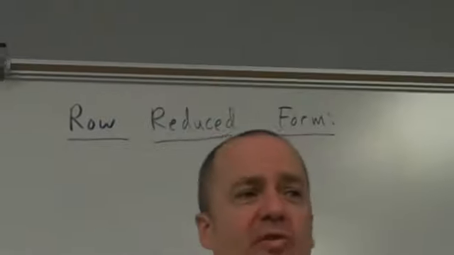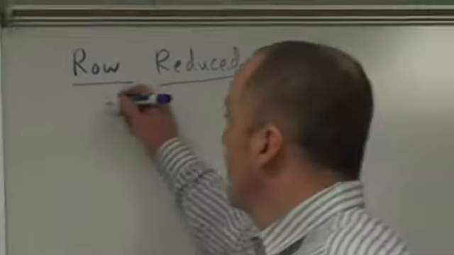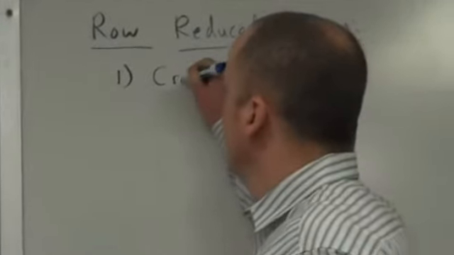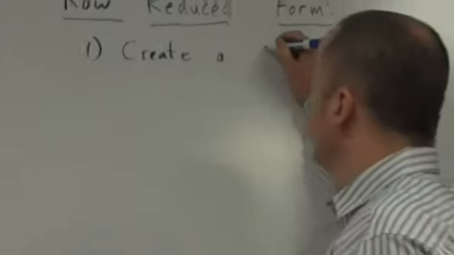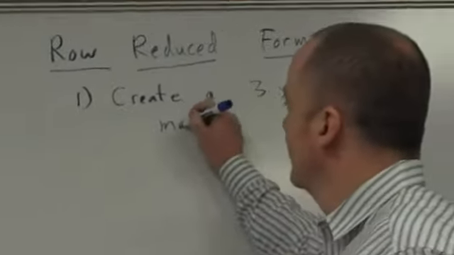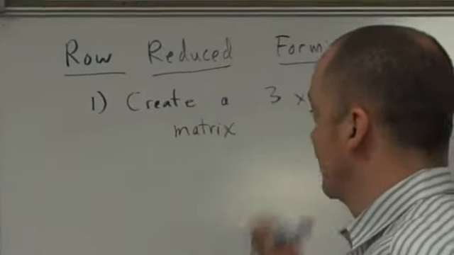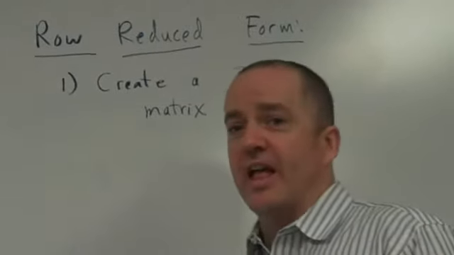Now, for row reduced form, for a 3-dimensional system, 3 equations, 3 variables, you're going to start with step 1 by creating a 3 by 4 matrix, the rows and columns, okay?